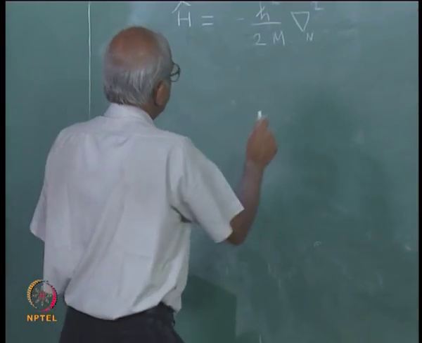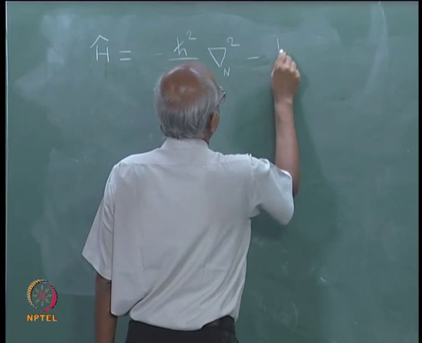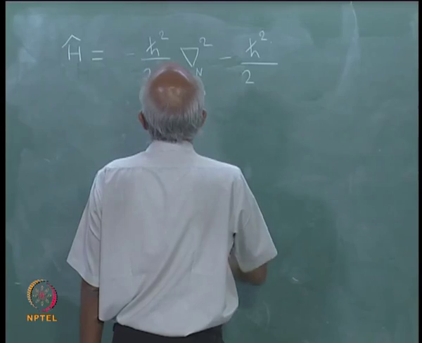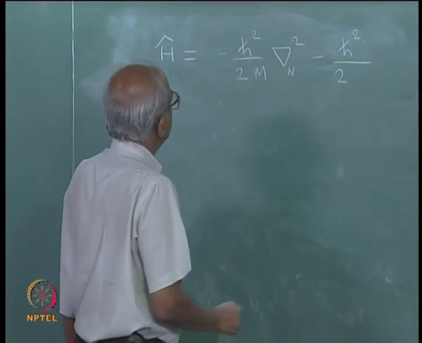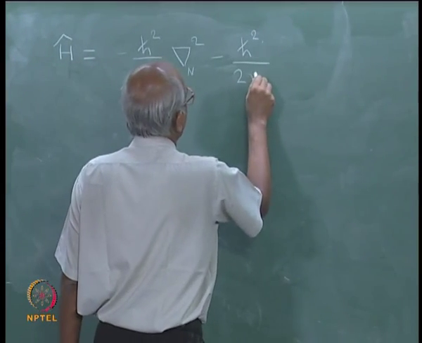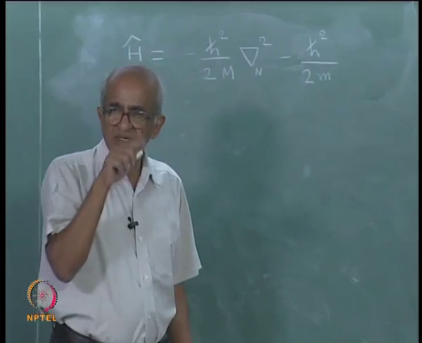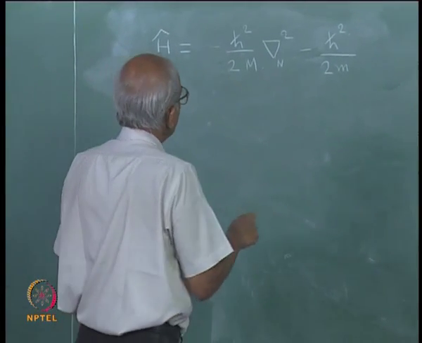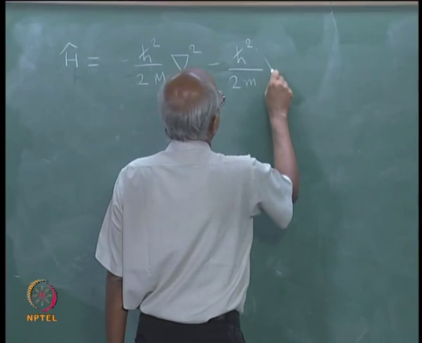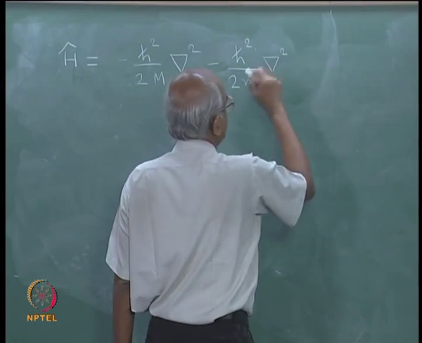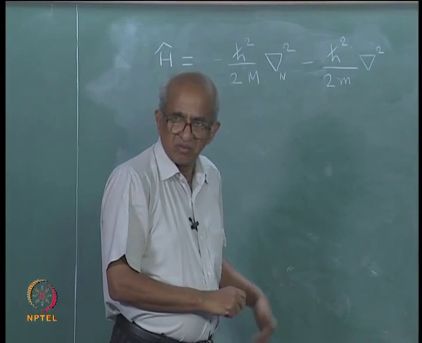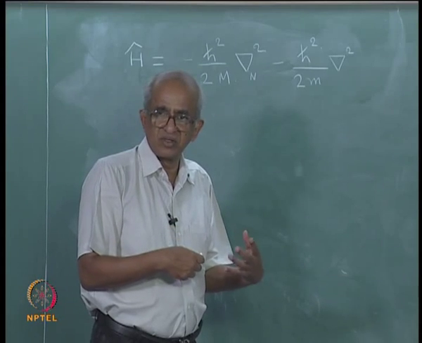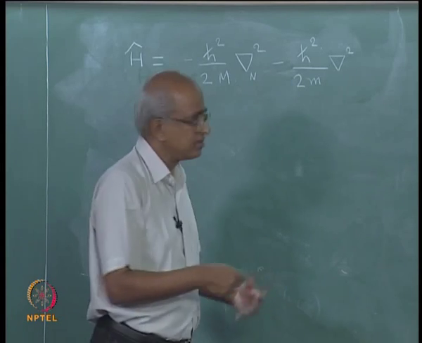And then you will have the electron, minus h cross square divided by 2 small m. Why small m? Because now I am concerned with the electron, okay, and I will have a del square, but this del square will have differentiation with respect to the coordinates of the electron, 3 coordinates.